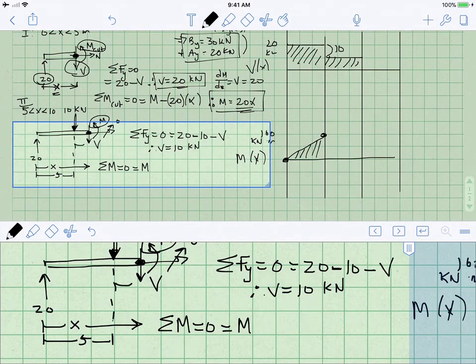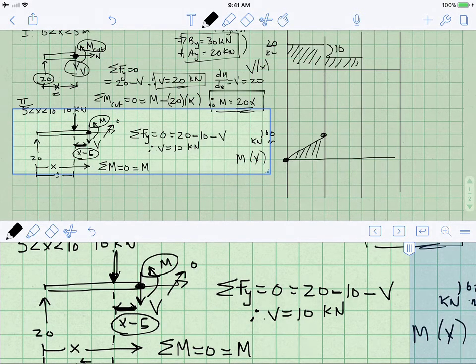And therefore this length right here will be x minus 5. That's the value of this length right there. So again, this 10 kilonewton force is x minus 5 away, and it will cause a positive moment about that point.